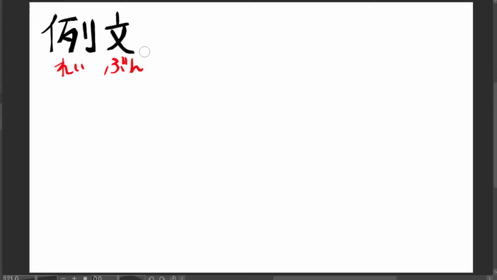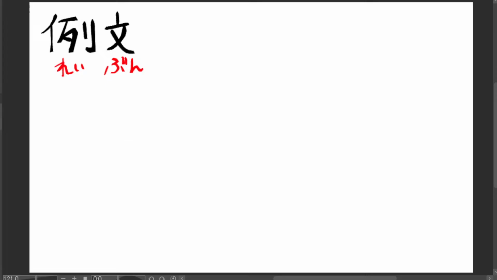Now that we're done with that, we're going to see some 例文. 例文 means example sentence.